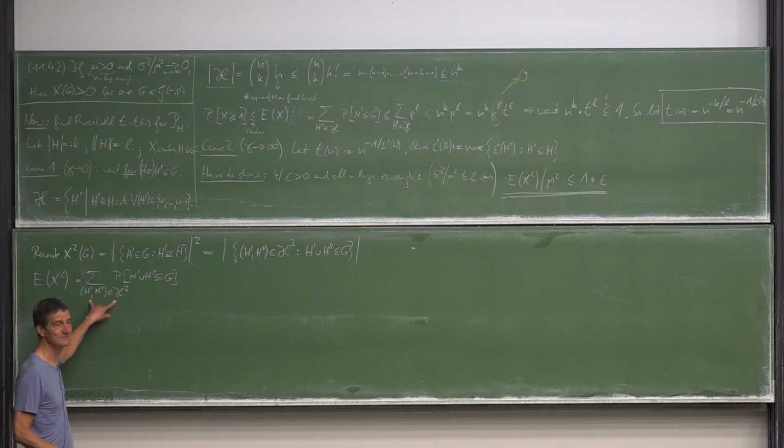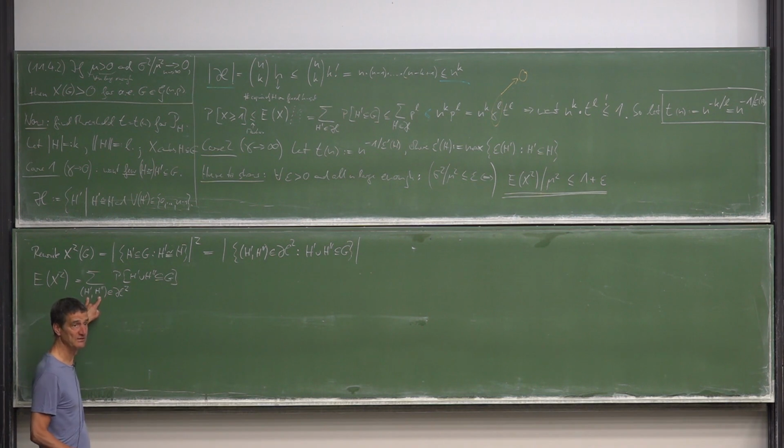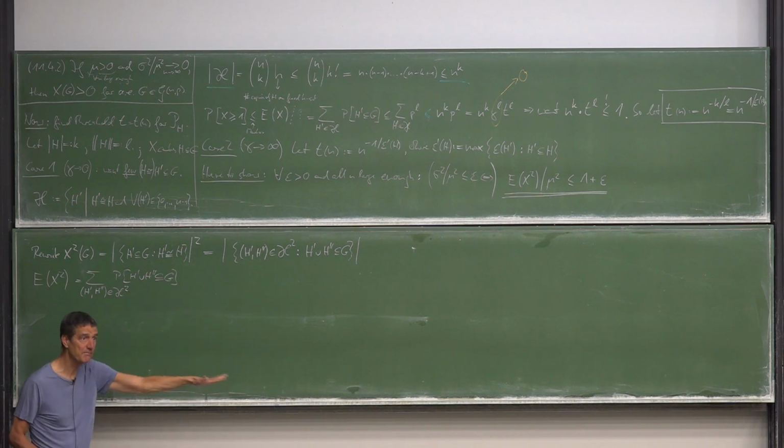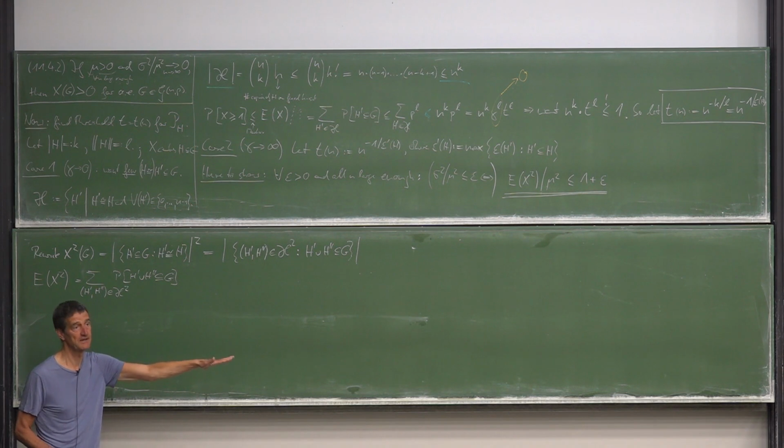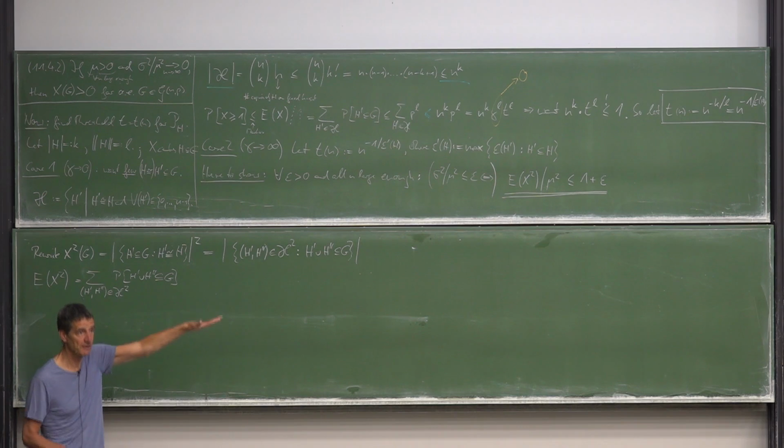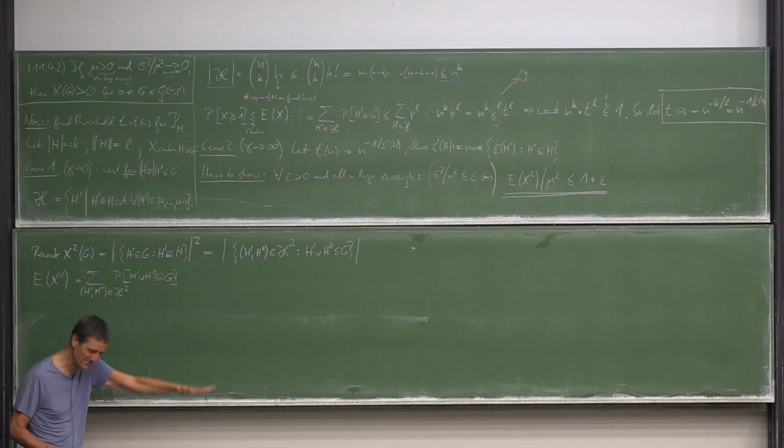It's more a cube than a square now, this matrix, but for every pair we have a row, and the event that corresponds to that row is that both H prime and H double prime are in G, or in other words, that the union is in G. And then for that row, we take the measure of the G's that satisfy that, that contain both H prime and H double prime. And we do that for every pair H prime, H double prime.